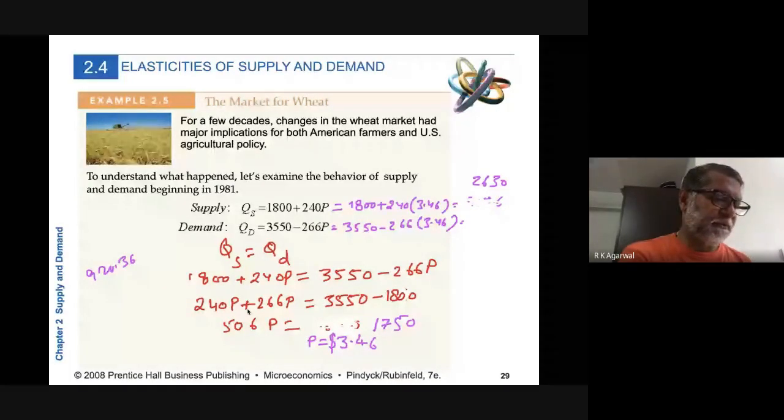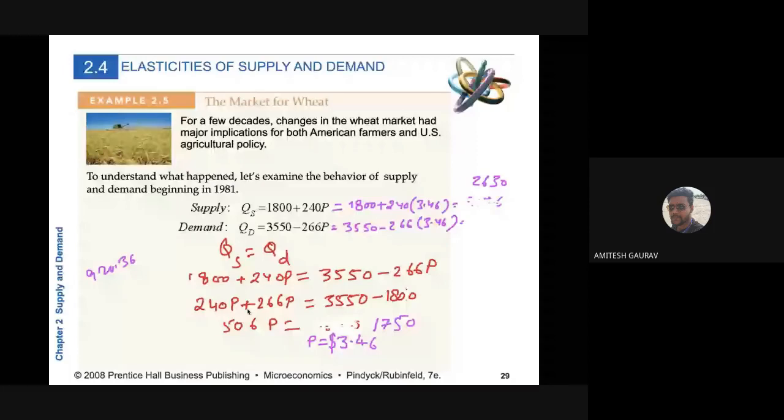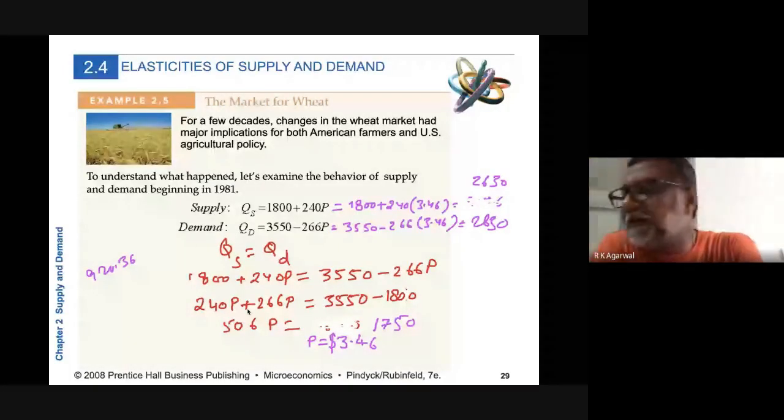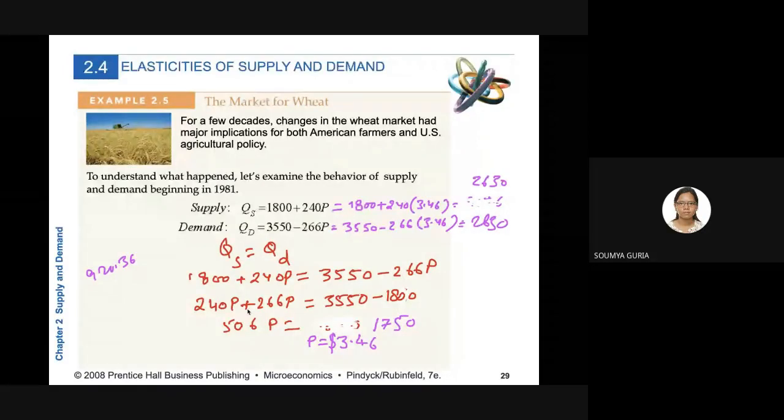Both are 2630. Are you convinced that both are 2630? Yes, sir.